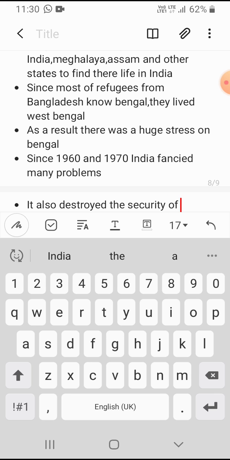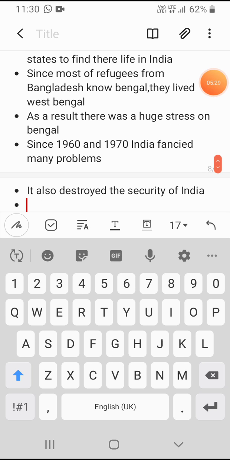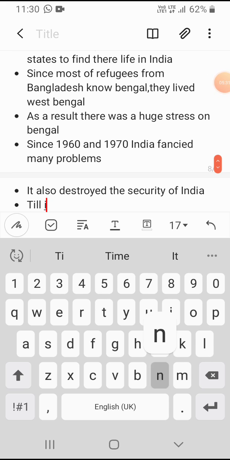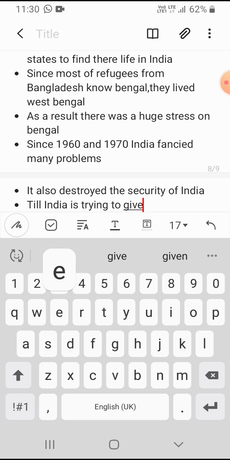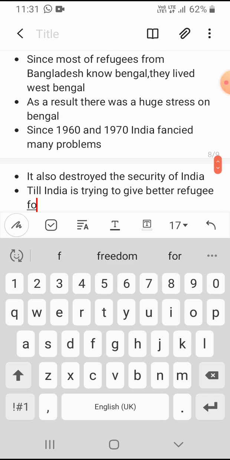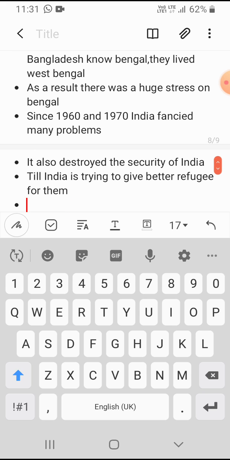Still, India is trying to give better refugee help for them.